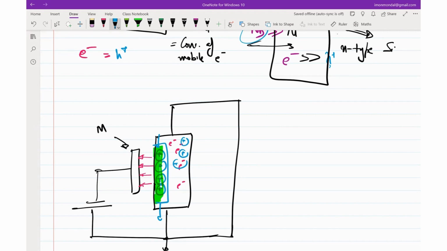If we can do that, then it is arguable that under the influence of a transverse or lateral electric field, I am able to get a piece of silicon where sometimes you have mobile charge and sometimes you don't. Sometimes you have only fixed immobile charge and sometimes you have some mobile charges. Right? Does that make sense?